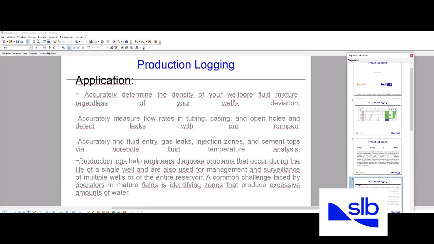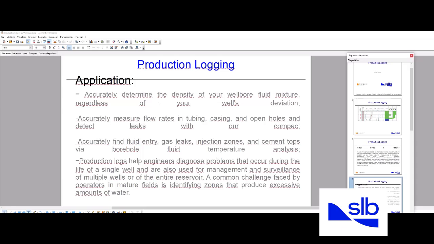Accurately measuring flow rate in tubing, casing, and open hole, and detecting leaks. Quantifying fluid entry, gas leaks, injection zones, and cement tops via borehole fluid temperature analysis.